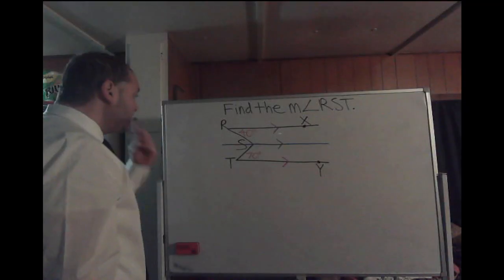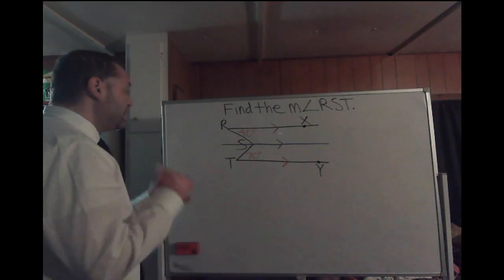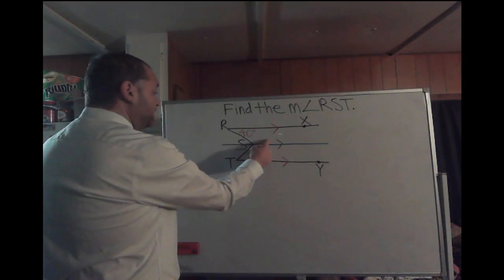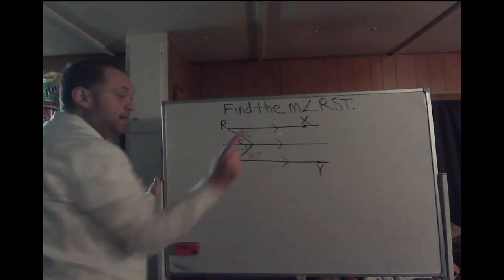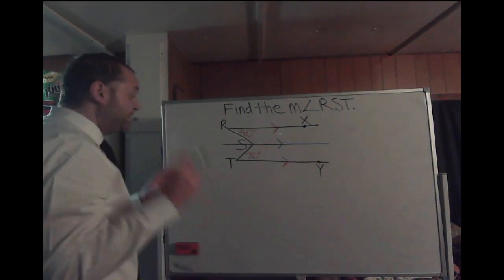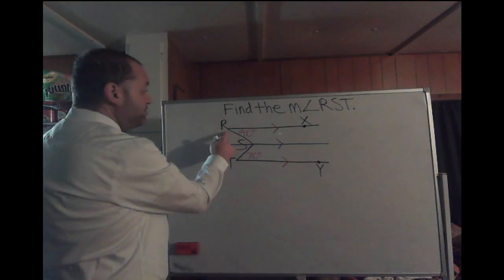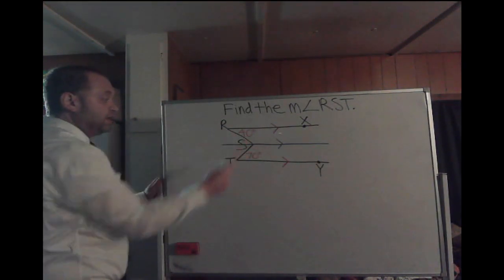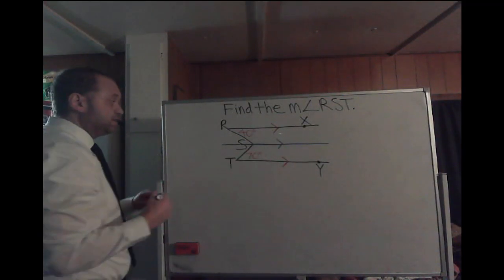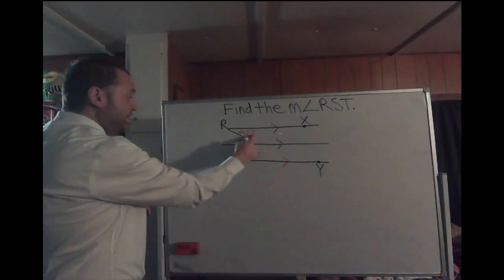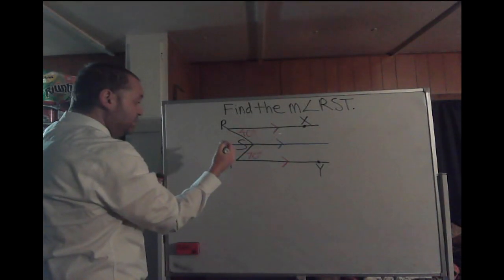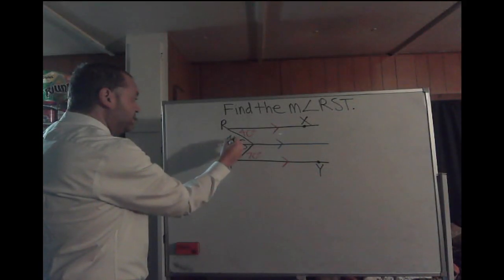Okay, now we have a couple things here. We know this blue line is parallel to line RX, right? If that's the case, then that would mean line segment RS would be the transversal between lines RX and the line going through S. So you have 40 degrees here, and then over here you would have 40, because these would be alternate interior angles.